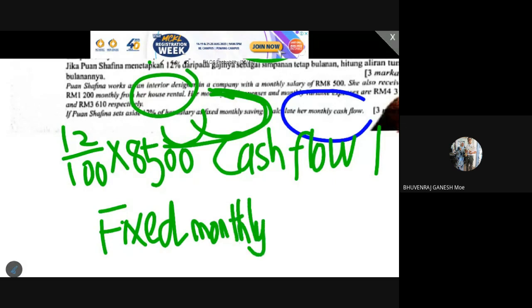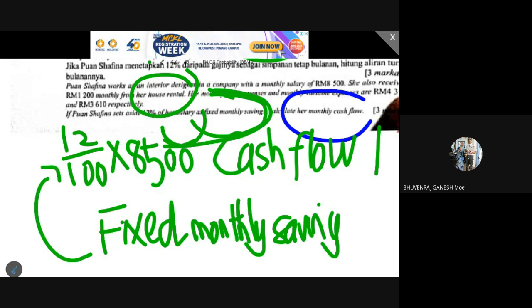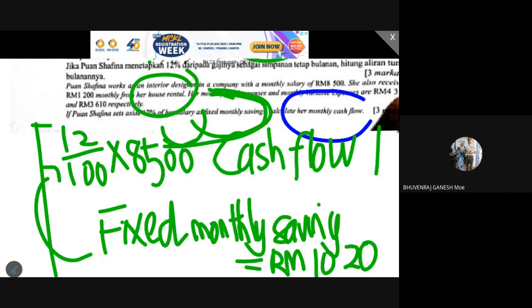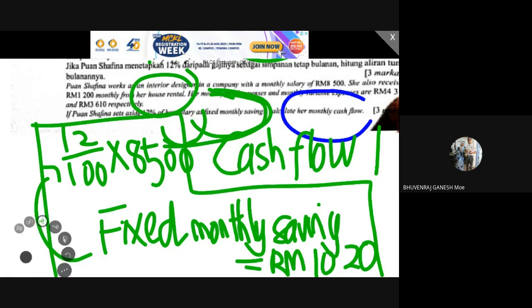Simpanan tetap bulanan, fixed monthly saving is this value basically. So kamu akan dapat RM1020. This is your answer. Okay, can you understand this guys? Boleh faham pengiraan kat sini? Macam mana saya dapat? Okay, bagus.